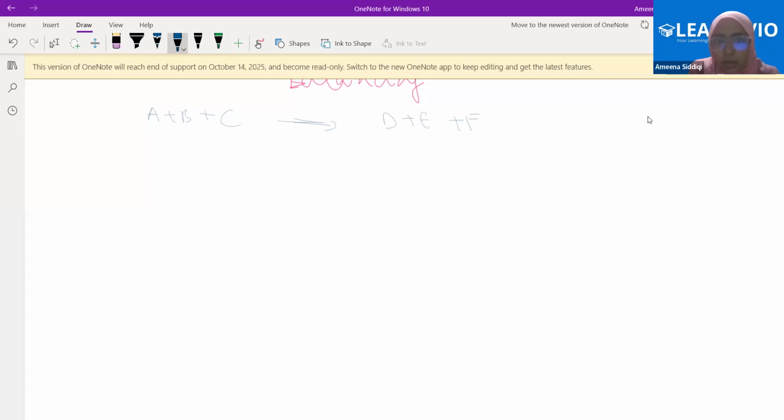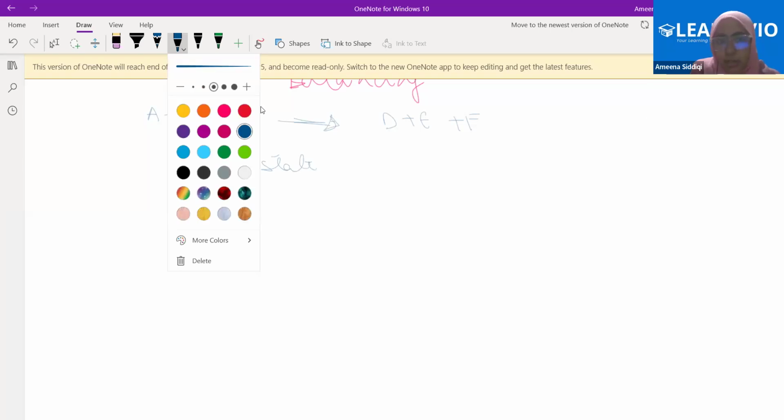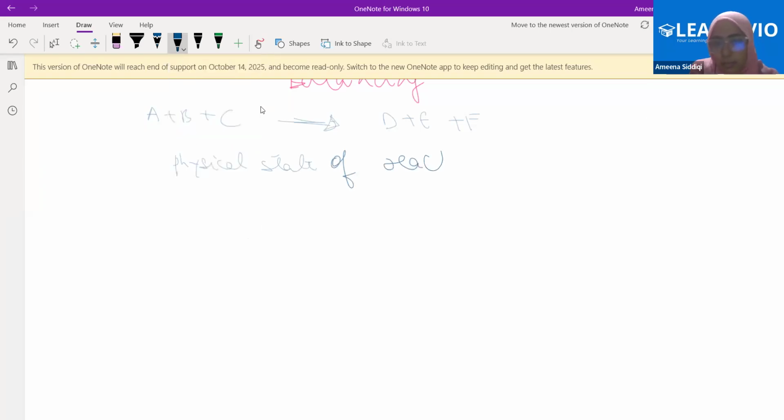We will have this arrow here in between that will tell you the direction in which the reaction is proceeding, right? And what was the other important thing? That we need to denote the physical state of the reactants and the products.